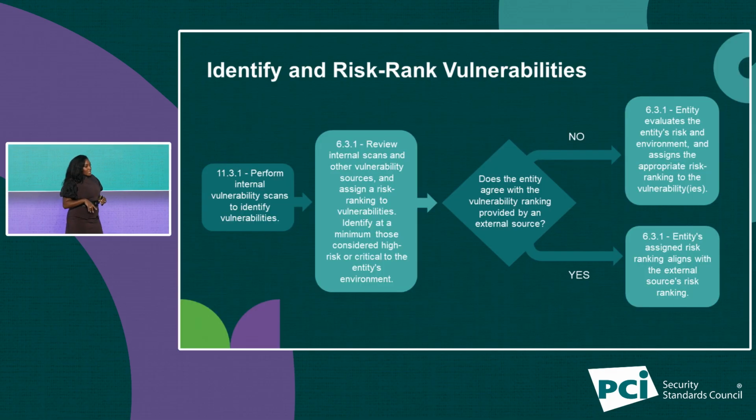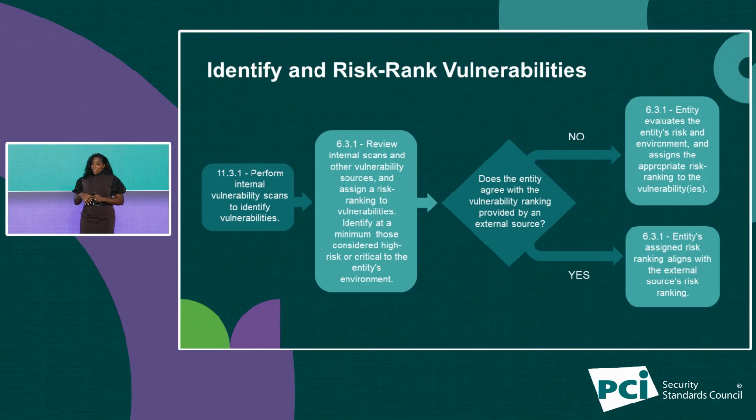So two PCI DSS requirements focus on identifying and risk ranking vulnerabilities. Requirement 11.3.1, which is about running internal scans to identify those vulnerabilities. Then requirement 6.3.1, which is about evaluating those scan results along with vulnerability information from other sources.